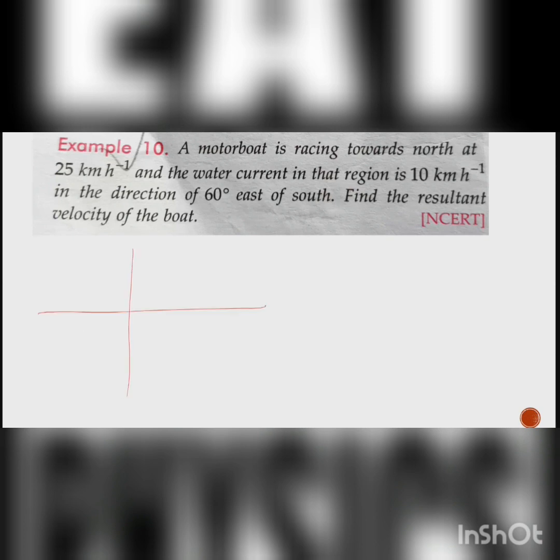What would be east of south? Somewhere here. South के 60 degree east में जाओ. So this is the direction of water current. This is the direction of our motorboat.